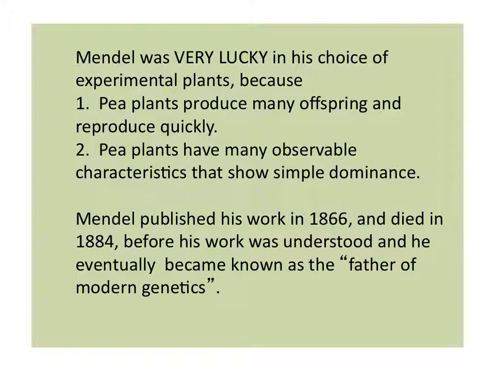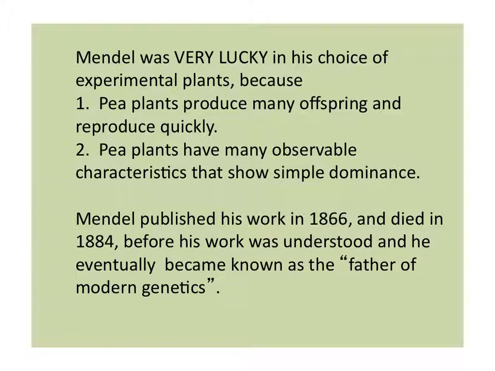Another very lucky thing is that the pea plants have a lot of observable characteristics that showed simple dominance. In other words, a lot of the genetics problems that we will be doing in this class are cases of simple dominance, and it's easy to see how one pattern will obscure the other, or one gene will obscure the other gene, and how this works.